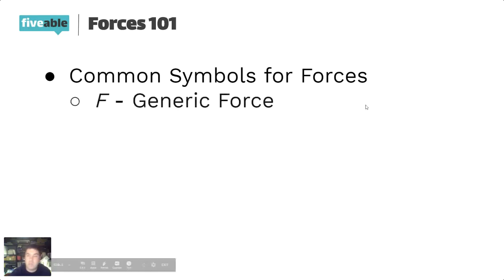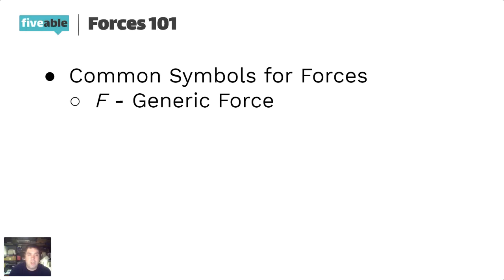Typically, a force will always start with the letter F, capital, because it's a force. Now, on some questions, you may see it as a lowercase f. That's fine. But personally, in my classes and my experience, capital F has been the common term we have used to describe force for the foreseeable past and foreseeable future.